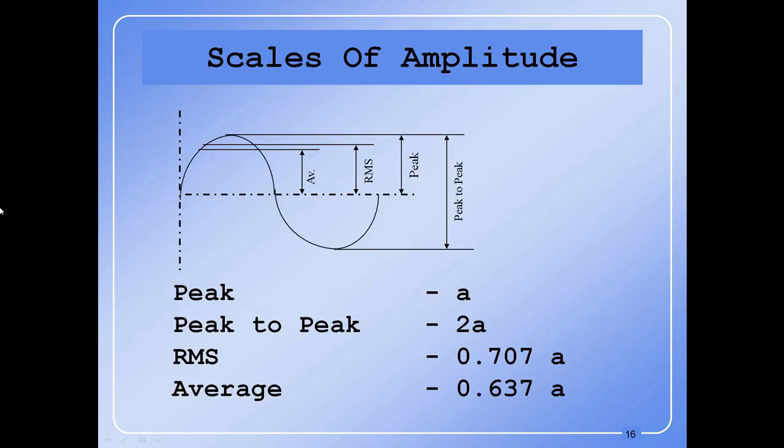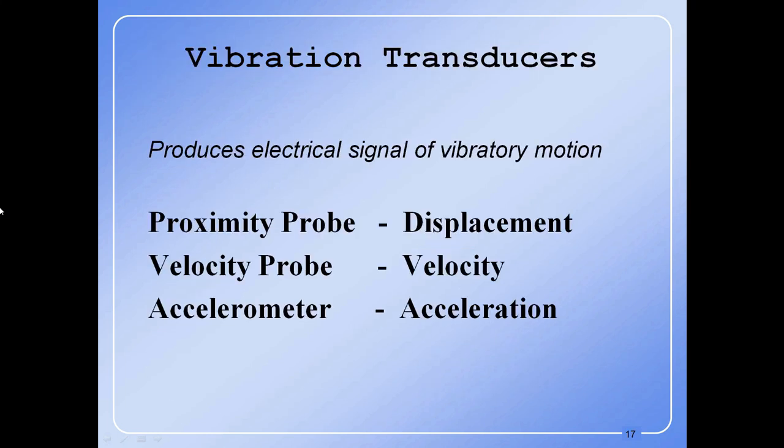Scale of amplitude: you can see the wave picture. Peak is called A. Peak to peak means 2A. RMS, root mean square, equals 0.707A. Average is 0.637A. A vibration transducer produces an electrical signal of vibration motion.